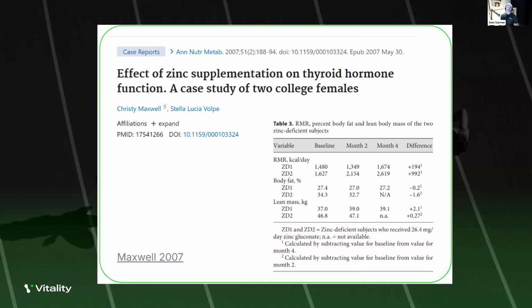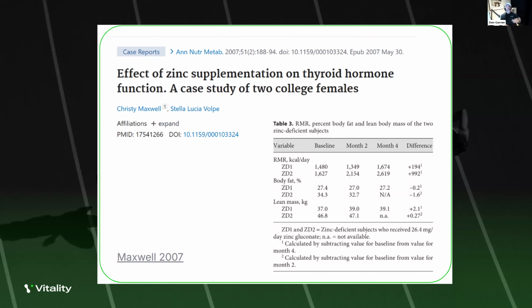A good example of this was a podcast episode I just did recently on Vitality Unlocked on micronutrient status, looking at two females with zinc deficiencies. Repleting zinc in one female increased her metabolic rate by 992 calories per day. Right? That's not a typo. Across a 4-month span, repleting zinc status in this female increased her metabolic rate by 992 calories per day.